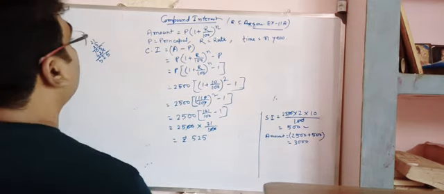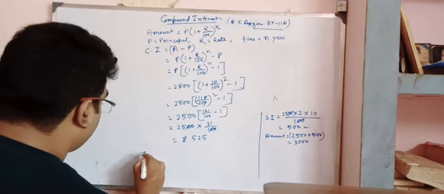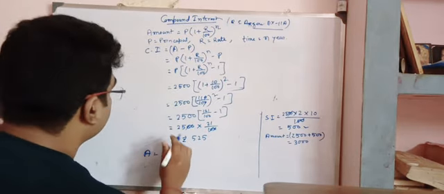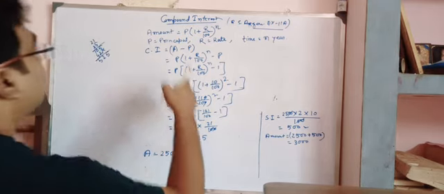Okay, and for finding the amount, we have to put this formula. So amount is 2500 into 1 plus R. What is R?